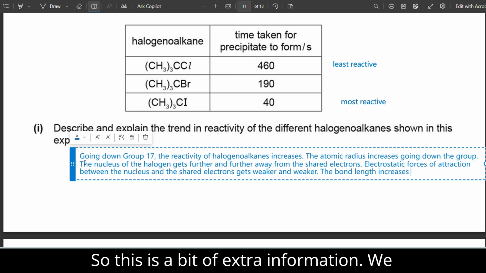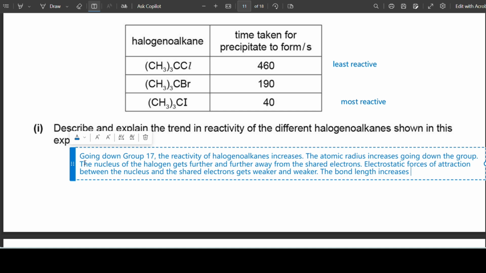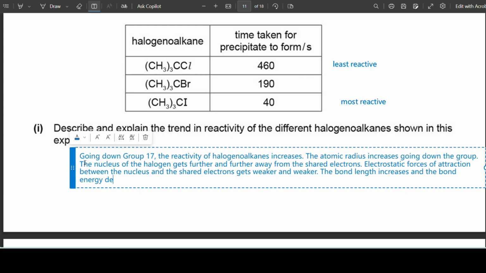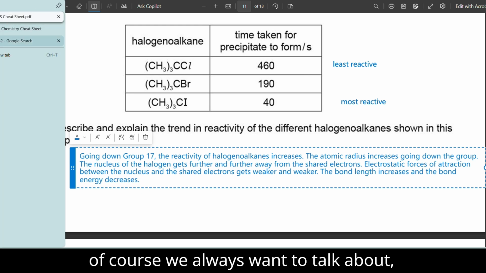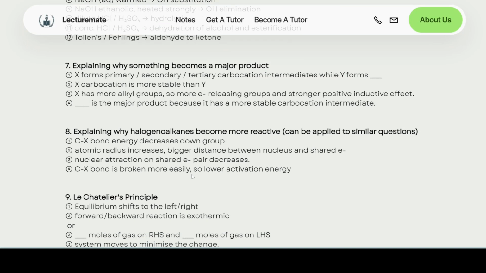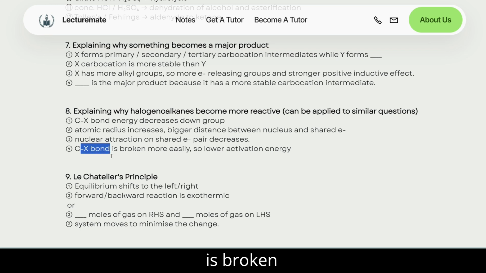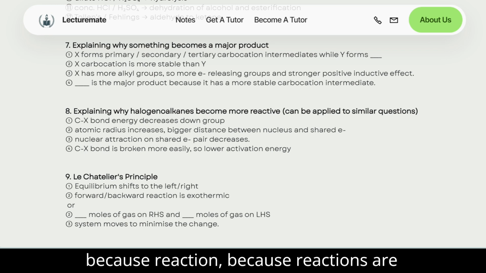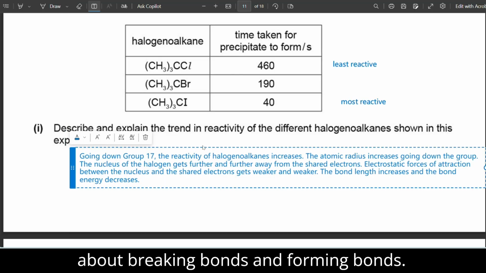So this is a bit of extra information. We can talk about the bond length increases. And when we're talking about reactivity, of course, we always want to talk about how the bond is broken, because reactions are about breaking bonds and forming bonds.